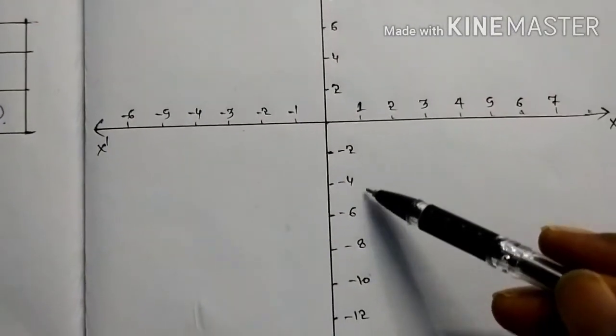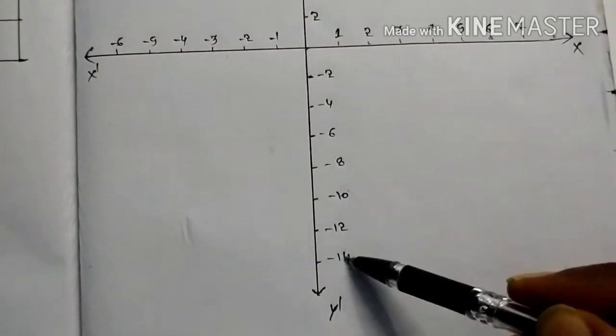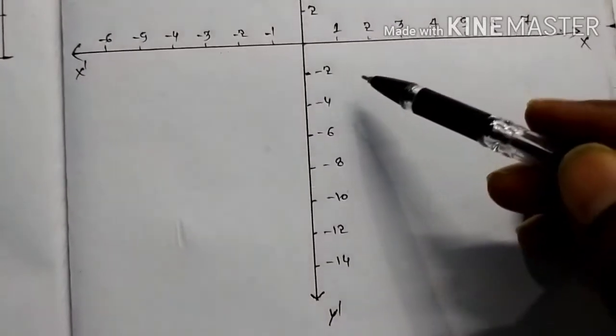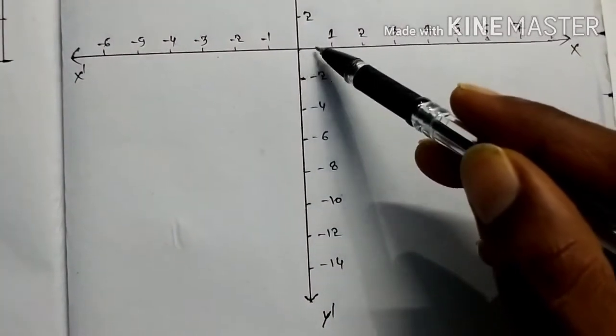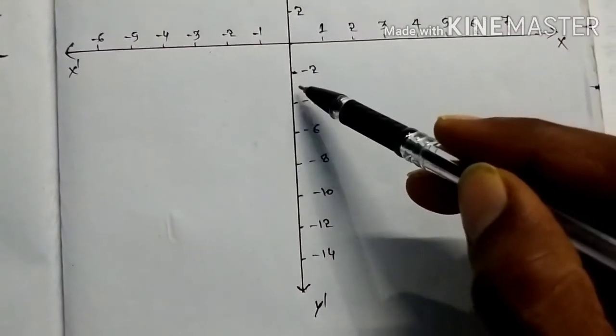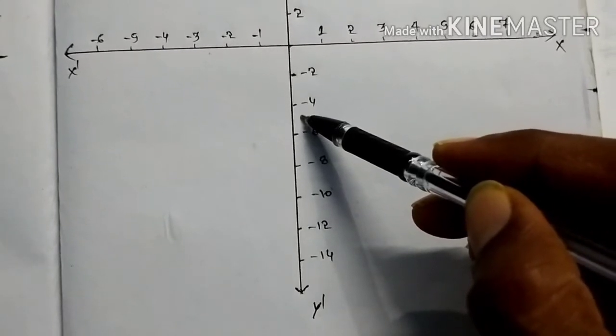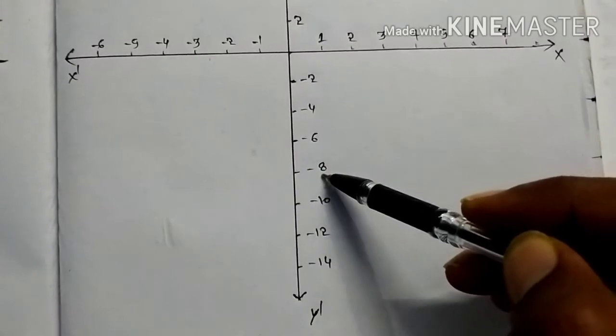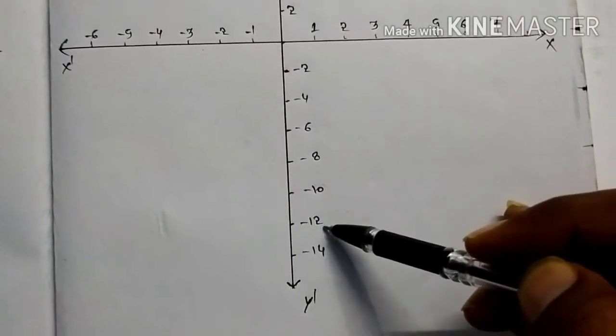If you take minus 1, minus 2, minus 3, minus 4, minus 5, minus 6, it will take too long. So I considered each 1 centimeter equal to 2 units. That means you can write minus 2, minus 4, minus 6, minus 8, minus 10, minus 12, minus 14.